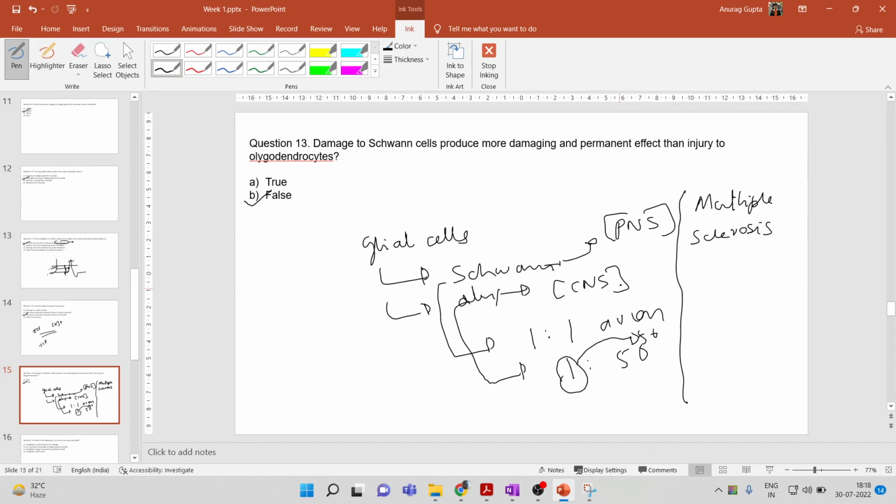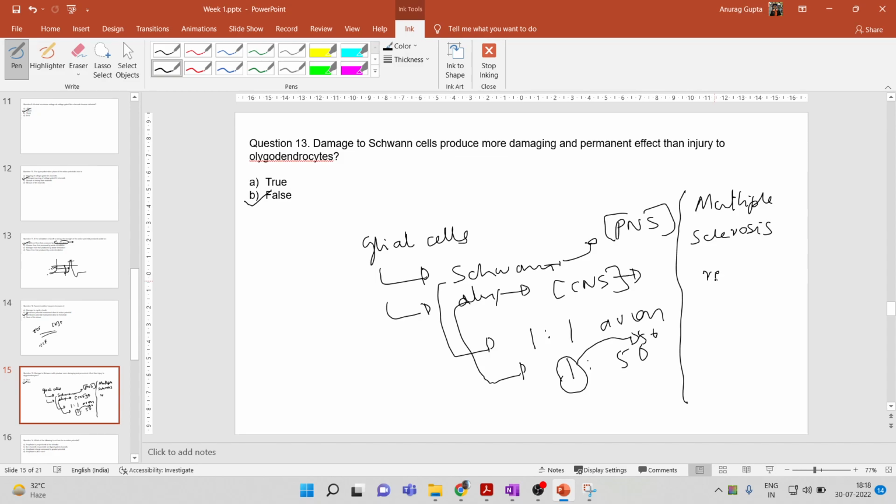However, if an oligodendrocyte is demyelinated, or if it is killed, then there's a cycle that happens: demyelination, remyelination, demyelination. But there are only so many times the recovery can happen. After a certain amount of time, the demyelination happens at a greater rate than the rate at which remyelination happens.